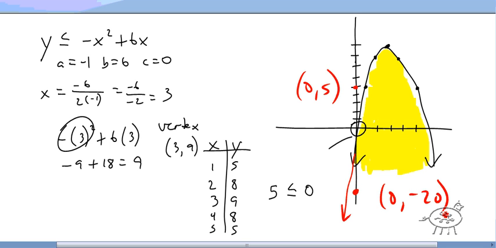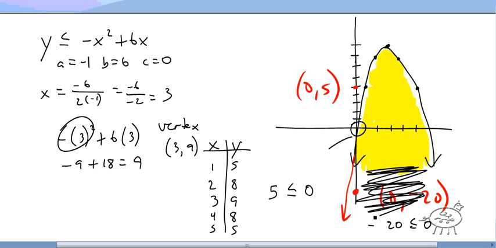If I would have picked that number, guess what? It would have worked, which means I shade wherever that dot is. I would have shaded on the inside. Well, let's plug it in and see if it does work. Hopefully it does. Okay, so y is negative 20 less than or equal to 0. Is negative 20 less than or equal to 0? Well, of course it is. It's a lot less than 0. So that's why you're going to shade here on the inside of this parabola.